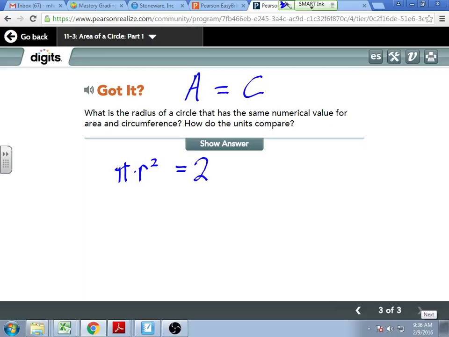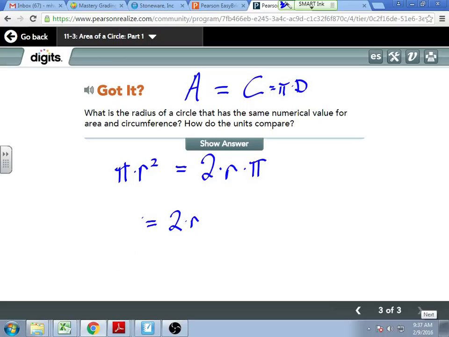Circumference is 2 times pi times radius. So I can do 2 times radius times pi. I could do pi d. Circumference is pi d. But I know that d is 2r. What can I do on both sides? Divide by pi.